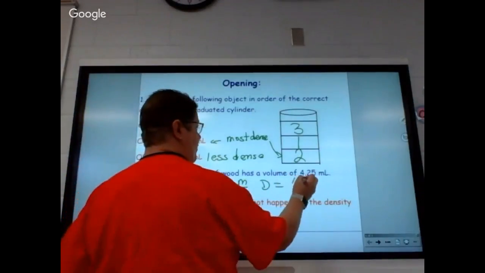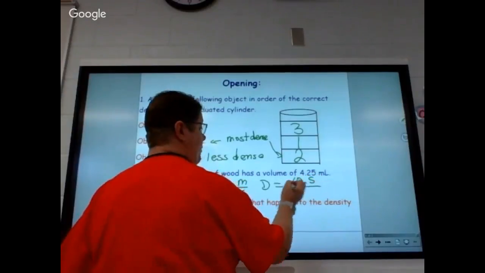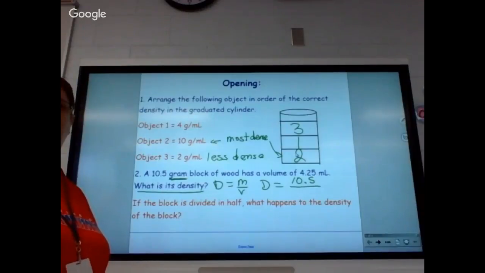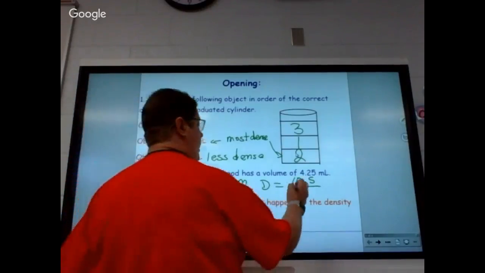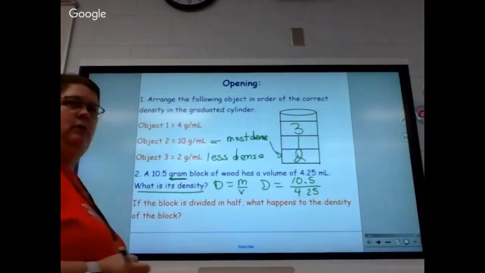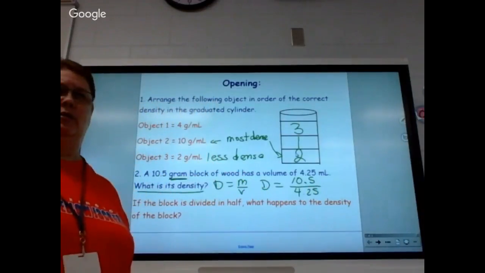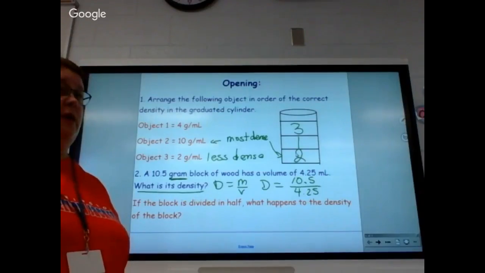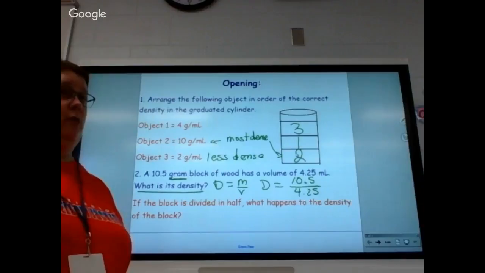So I'm going to put 10.5 where the M is. That means the other number has to be my what? My volume. So I'm going to put it on the bottom. Now, how do I solve for that? What do I do to get the answer? Is D by itself or is it with another number?